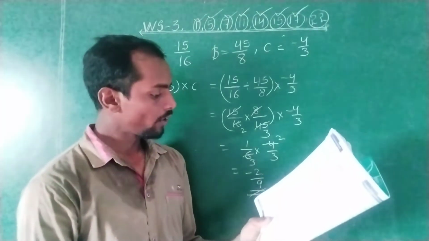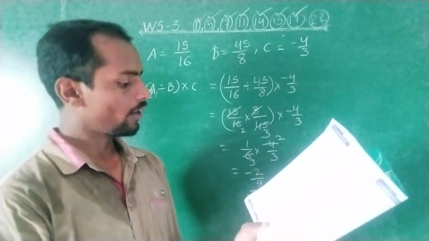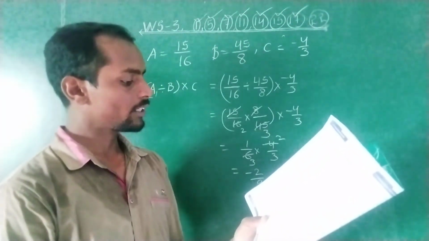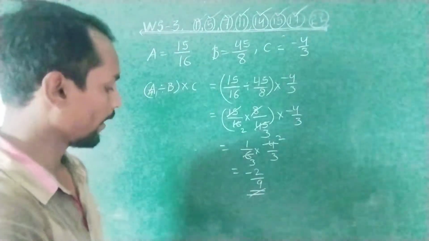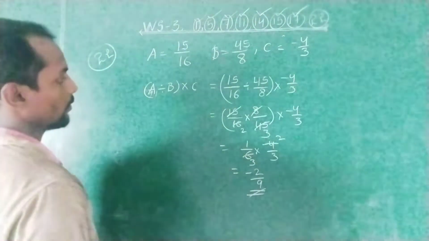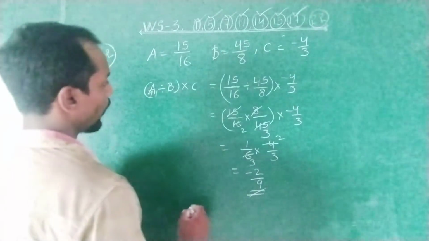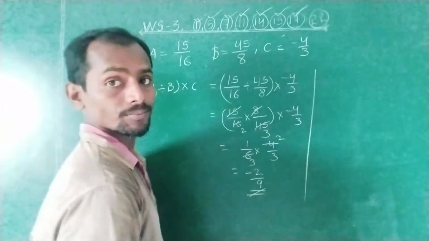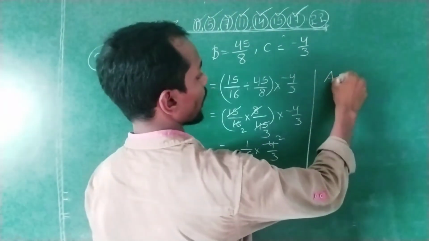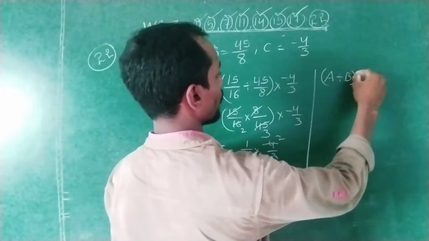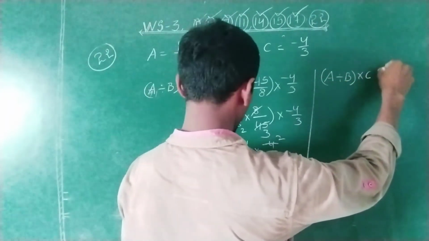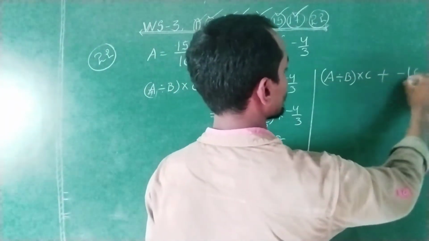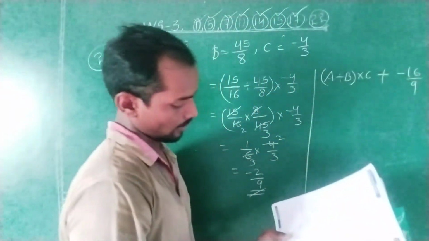Again, you have to find out the sum of this one and minus 16 by 9. So the value of A divided by B into C plus minus 16 by 9.